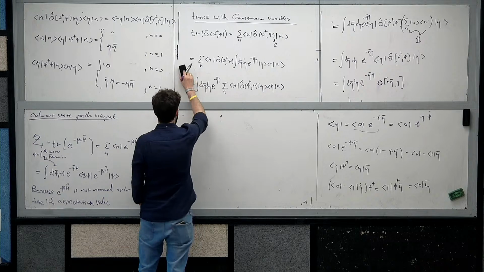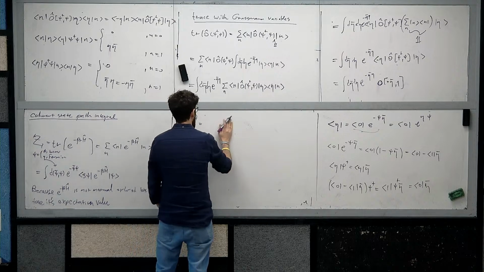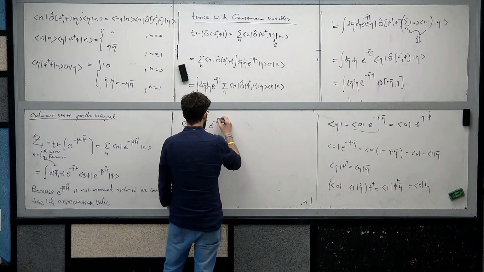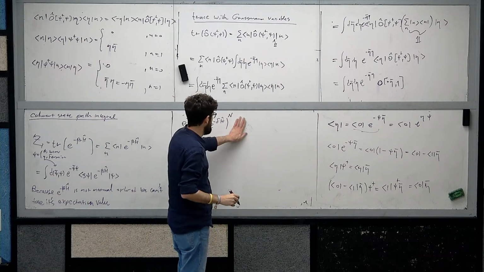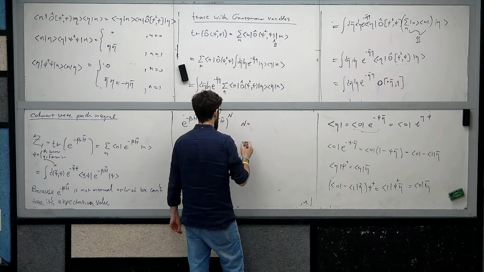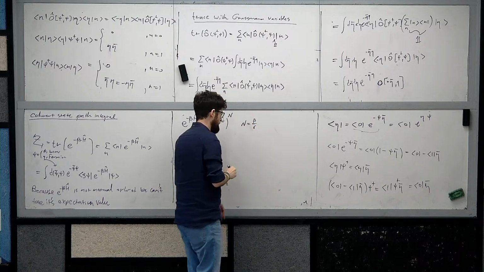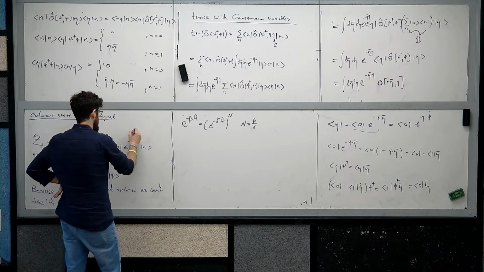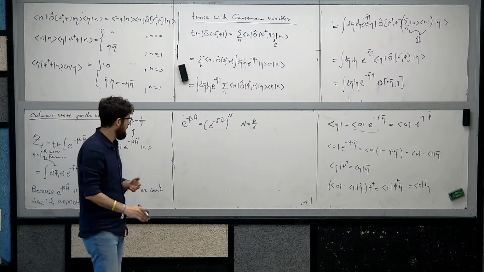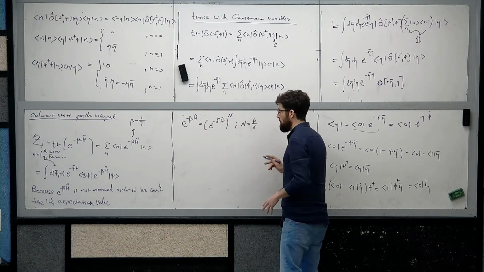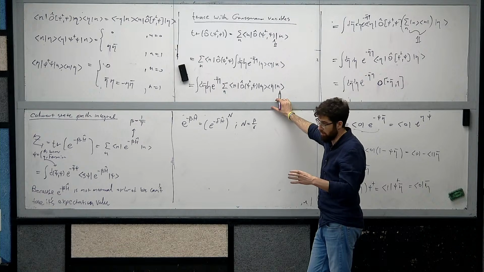So what we do is we write e to the minus beta h is equal to e to the minus delta h, to the power of n, where n is beta over delta. And by the way, beta is 1 over T, the temperature. What we've done here is I want to think about these deltas as very small increments.